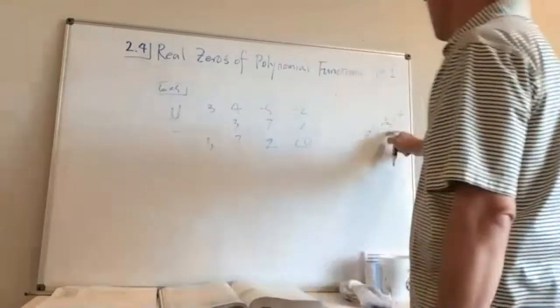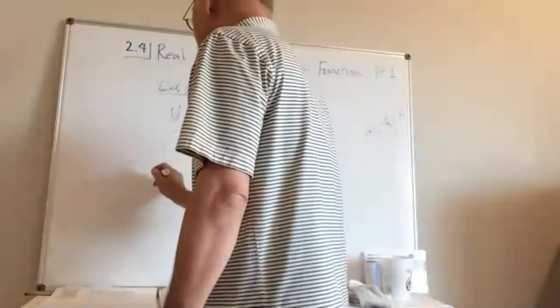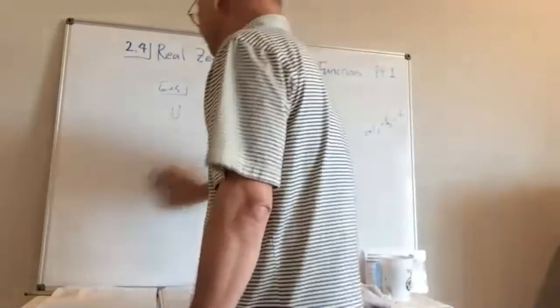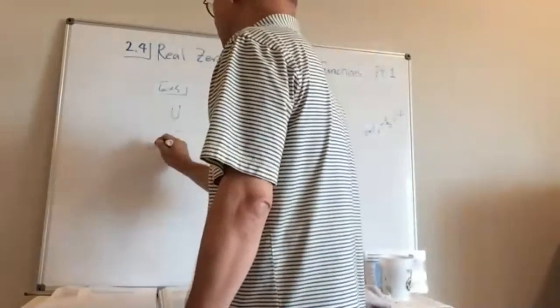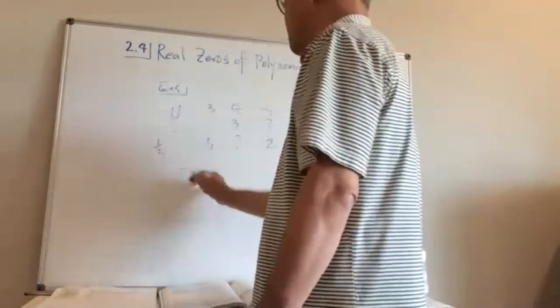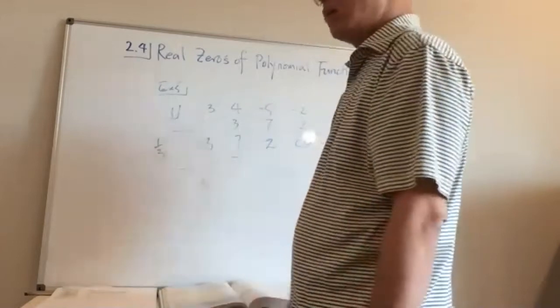Now the next ones are negative 1/3 or negative 2. So let's say I tried negative 1/3. Let's see if I can do that. Negative 1/3. So I come down 3. Negative 1/3 times 3 is negative 1.